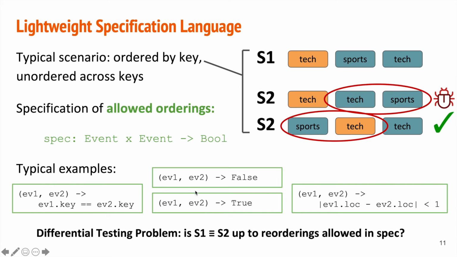This true specification says that all events are ordered. And finally, you can write more complex things, such as this specification, which says that events whose locations differ by at most 1 are ordered. The differential testing problem then becomes, are these two streams, S1 and S2, equivalent up to reorderings allowed in the specification?